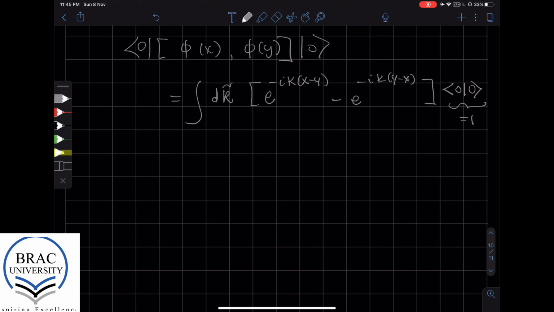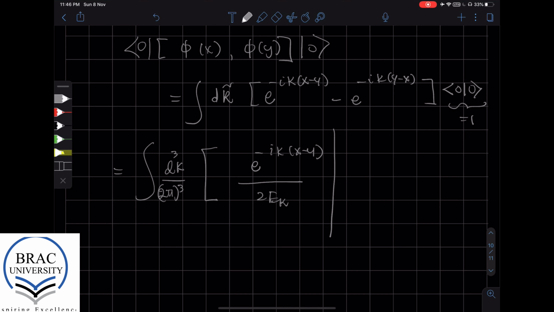Now these two terms, we can rewrite them in a slightly different form. So the first one is e to the power minus i k (x minus y). And then what we can do is write the dk tilde as d cubed k divided by (2 pi) cubed, and then we write the 2 E_k as a denominator here.